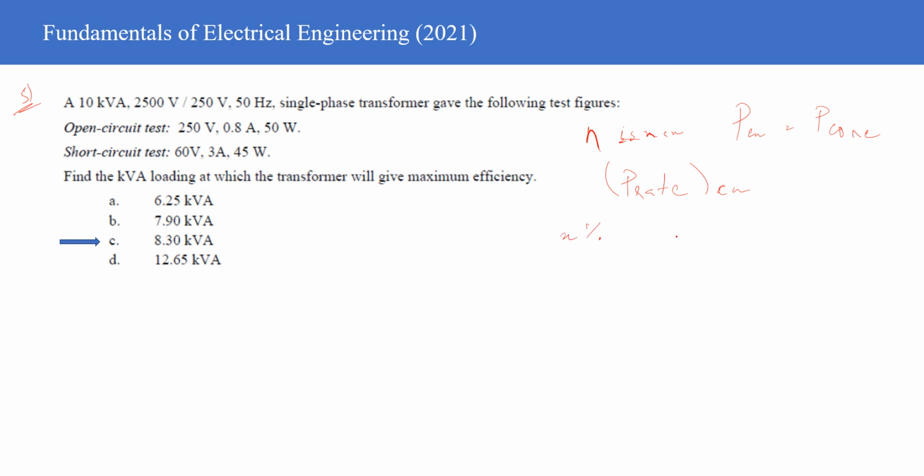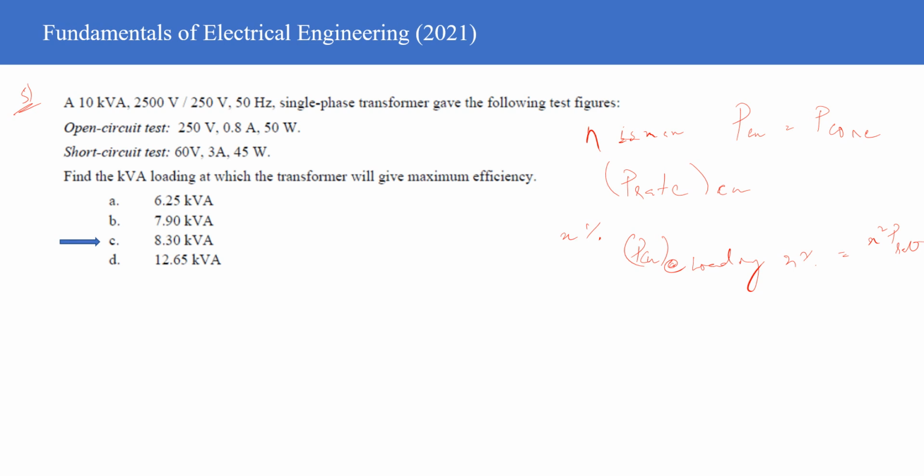Then the copper loss at loading X% is equal to X square into P rated, correct?